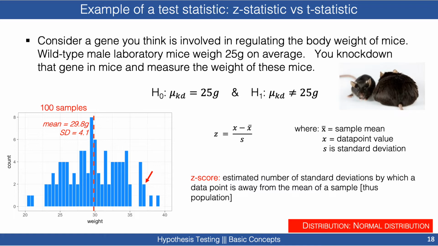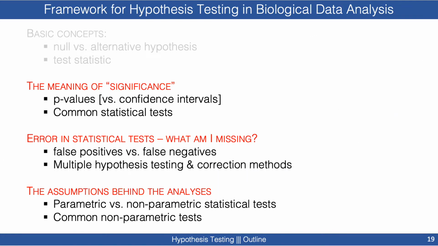And again, we'll look in a little bit at the differences and when to use one versus the other. So next we're going to discuss how to determine whether these numbers, for example the t-statistic value that we have before, are significantly unexpected or very unlikely under the null hypothesis, and also discuss other common statistical tests.